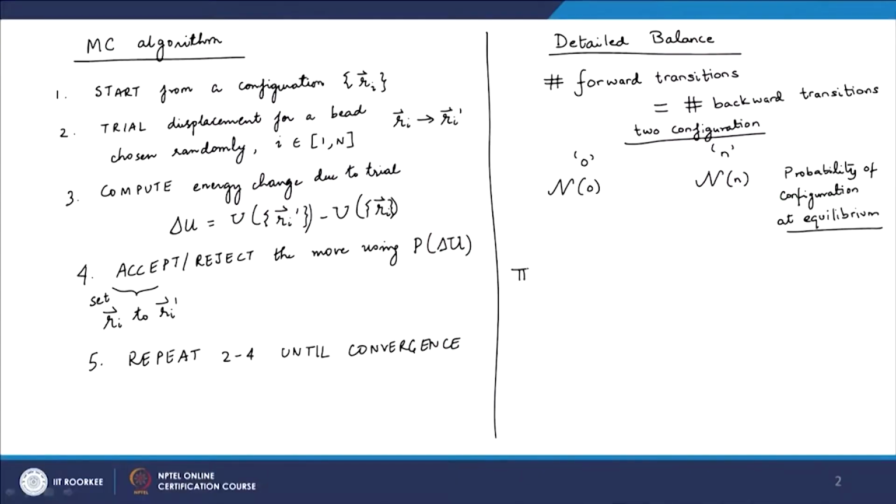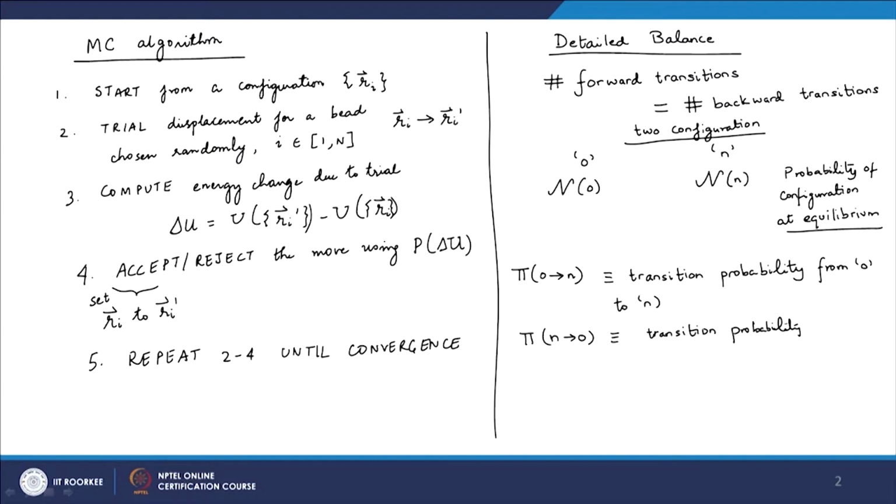So, let us say pi of O to N represents the transition probability from O to N, and similarly the reverse can also happen, N to O, and we have the transition probability from N to O. Okay.